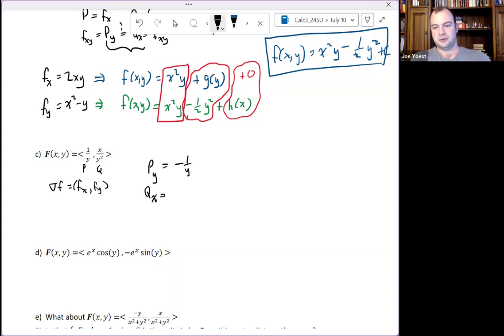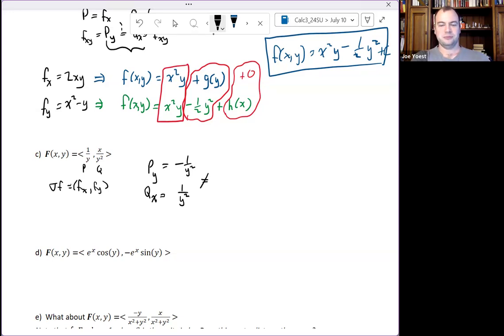It's negative 1 over y squared, just y to the minus 1. What is Qx? Well, Qx is positive 1 over y squared. I mean, they're close, but they are not equal to one another. I'm not going to be able to find a little f for which this is a gradient vector field.